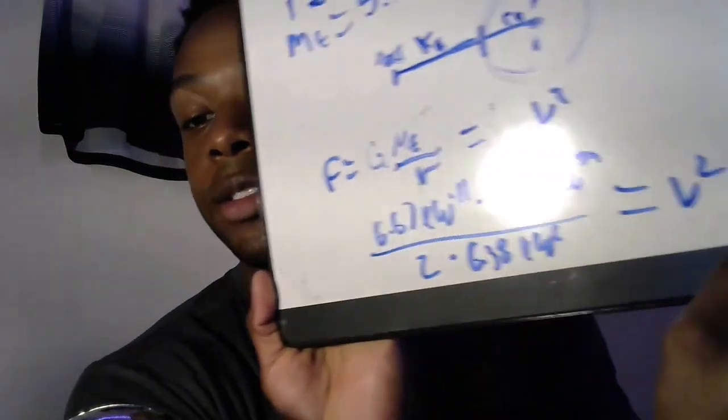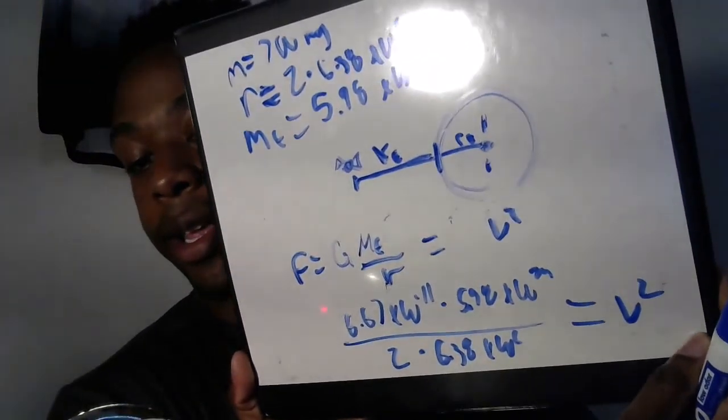And from there it's just algebra. So let's get our value. Take your time to calculate. Always make sure you're getting the right value out of your calculator. So be very careful with what you put in.